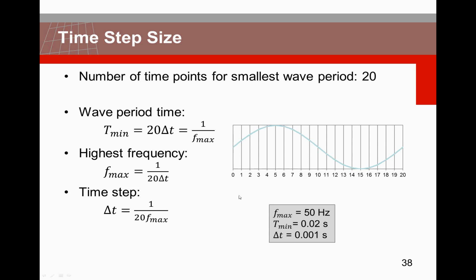Of course, you can say 10 steps is enough. Okay, you can go up a little bit, but this is a guideline. It gives you information on the maximum frequencies you want to see related to your time steps.